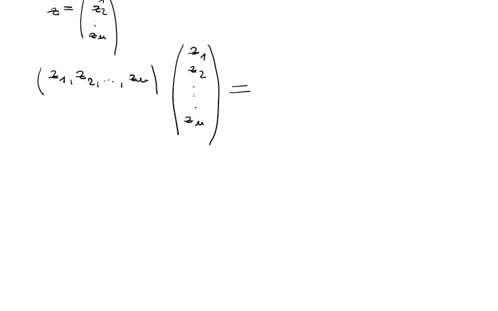Z1 times Z1, then plus, and so on up to Zn times Zn. And of course you know that Z1 times Z1 is Z1 squared. This is also squared, and it goes on like that.